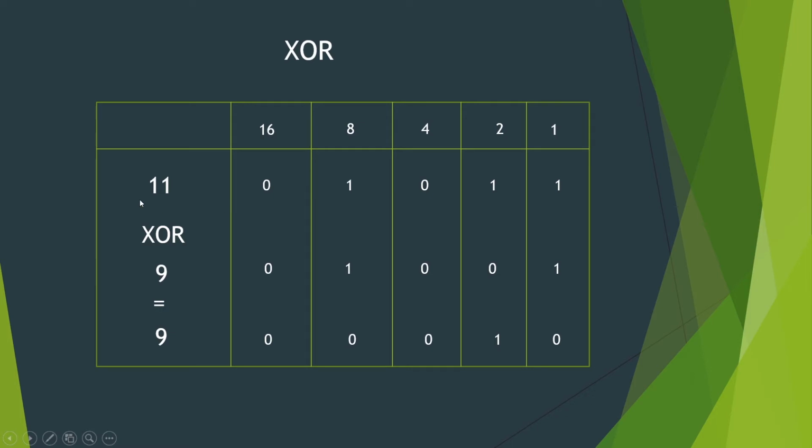Now let's take this XOR operation: 11 is 0 1 0 1 1, and 9 is 0 1 0 0 1. Now let's see 1 and 1. Since these 2 bits are the same, the XOR operation will give the output 0. Then 1 and 0: these two are different bits, so the result is 1. 0 and 0 is obviously 0, and 1 and 1 is 0, and 0 and 0, because these two bits are the same, is 0.